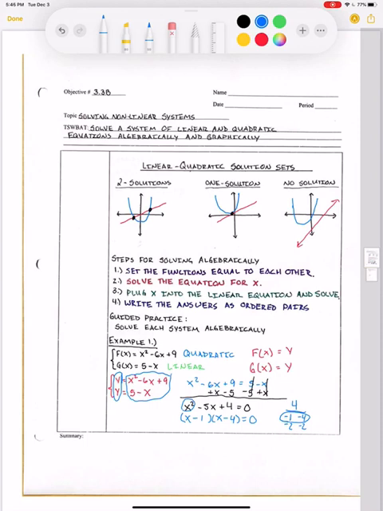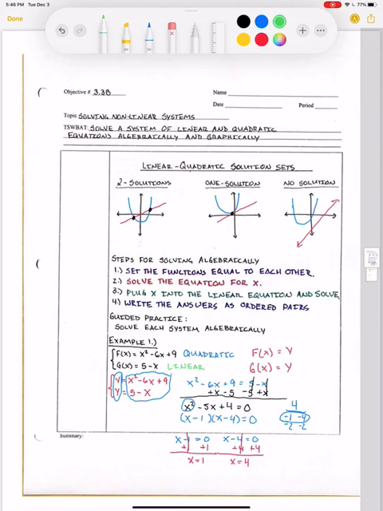So now that I have my factors, I'm going to take both of these, x minus 1, and set it equal to 0, and x minus 4 equals 0. I'm going to solve for x in both cases, and I have x equals 1 and x equals 4.